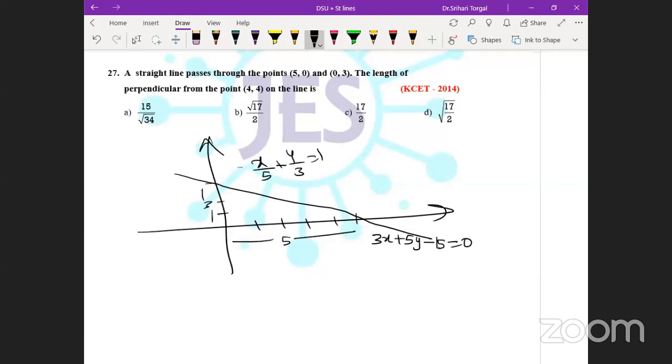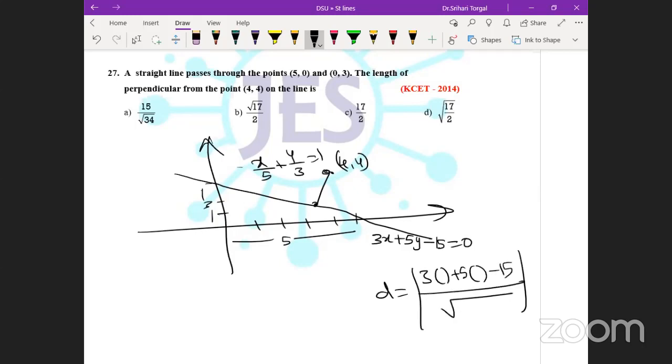The length of the perpendicular from the point 4, 4 is required. You need to write the equation of a line like this. Divide by the square root of the sum of the squares of the coefficients, which is 25 plus 9 equals 34 in the denominator. Then substitute that point: 3 fours are 12, 12 plus 20 is 32, minus 15 is 17.